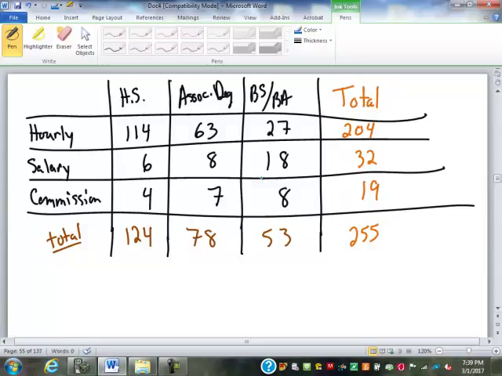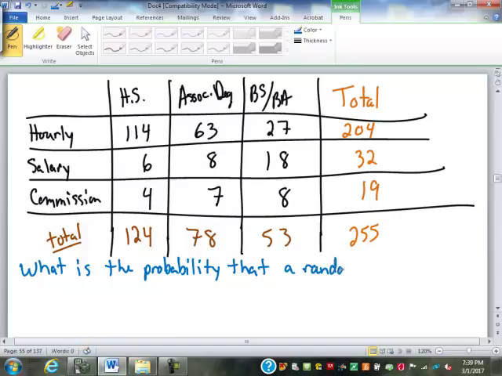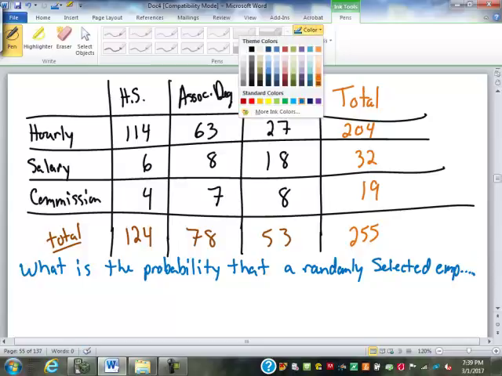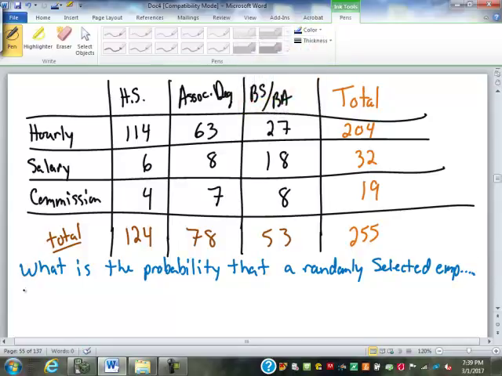So what we want to look at here is, what's the probability that a randomly selected employee works on salary?